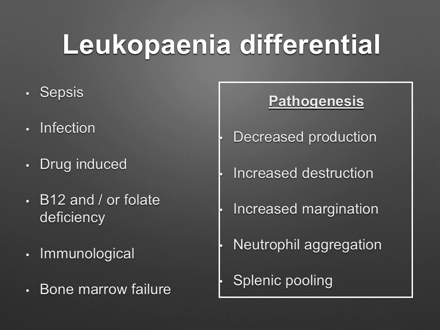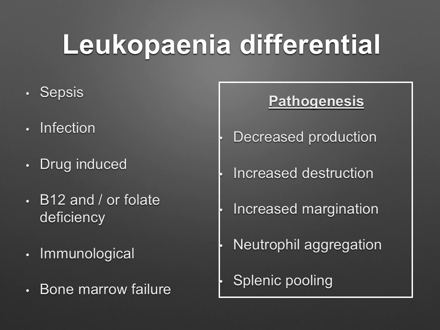In terms of the pathogenesis, it's going to be the usual stuff where you have decreased production or increased destruction. In terms of the white cells in particular, you can have increased margination or aggregation or splenic pooling. So particularly in things like infection with influenza or CMV or bacterial causes like tuberculosis, that's where you're going to get the neutropenia developing because of margination and sequestration in the spleen and in the lungs.